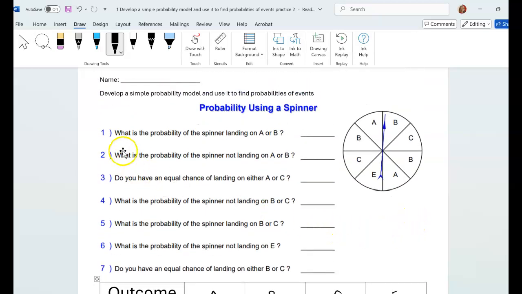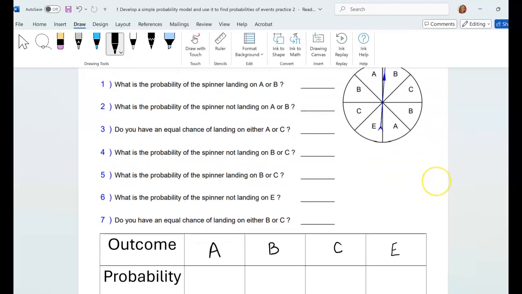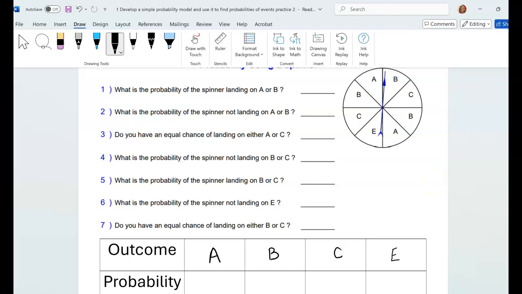So, number one, what is the probability of the spinner landing on A or B? One, two, three, four, five. Right? We have 5 A's and B's.